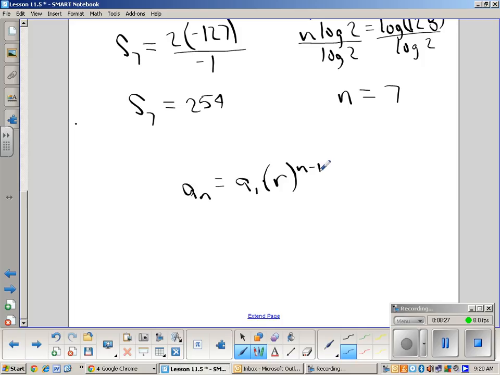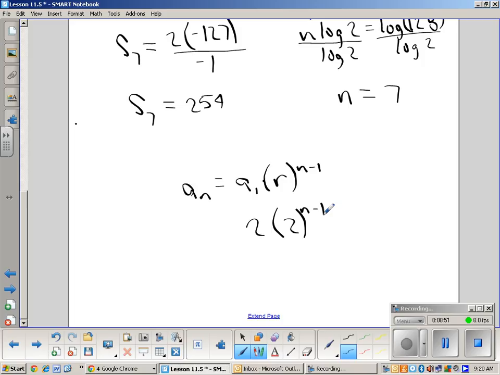Okay? And so if we follow this, we get 2 times 2 to the n minus 1. Well, what's 1 minus 1? 0. So that first term would be 2 times 1, which is 2.